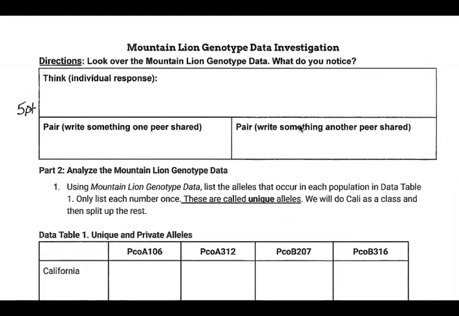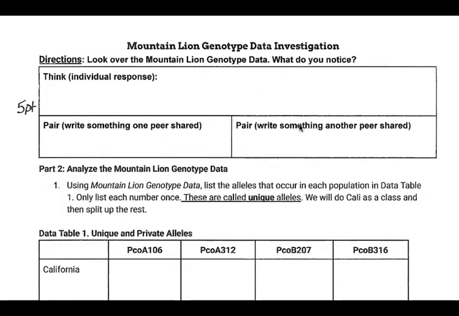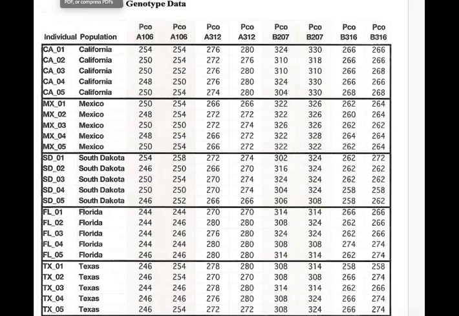So now we are going to look over the mountain lion genotype data and see what we notice. The genotype data should be on the flip side of the microsatellite data. So you can see you have individual populations.